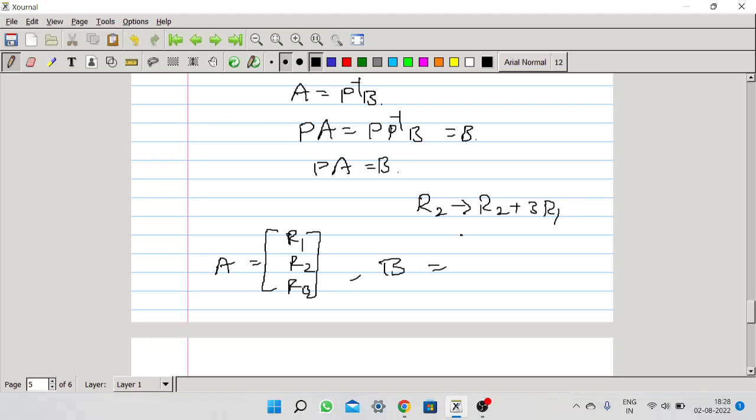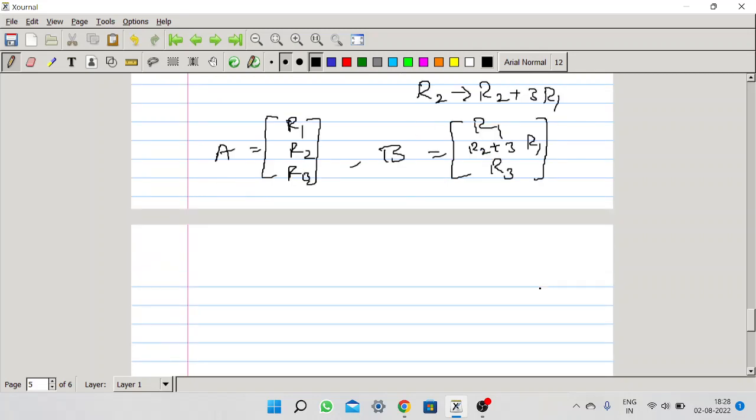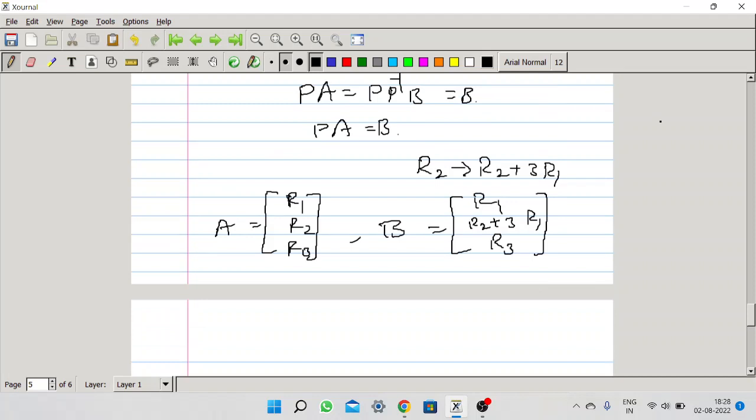B is the resulting matrix. This is R1. Just R2 is becoming R2 plus 3R1. R3 remains the same. So now you check the options: with which matrix P, when we multiply it with the matrix A, we will get B.